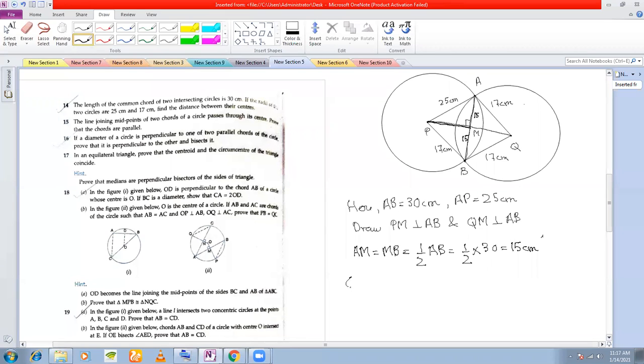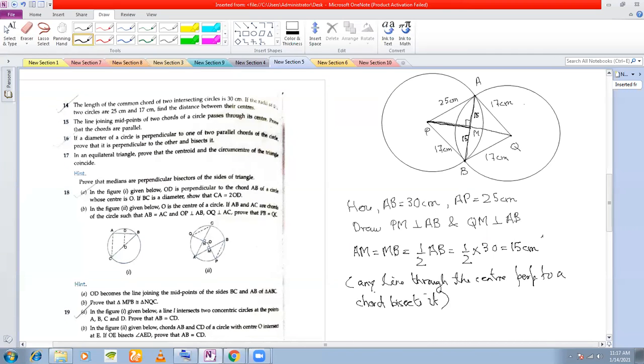And you will give your reason. Reason is: any line through the center perpendicular to a chord bisects it.